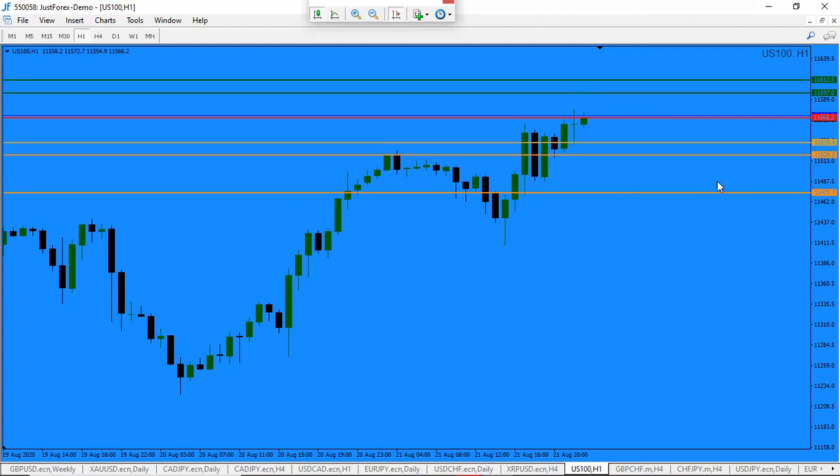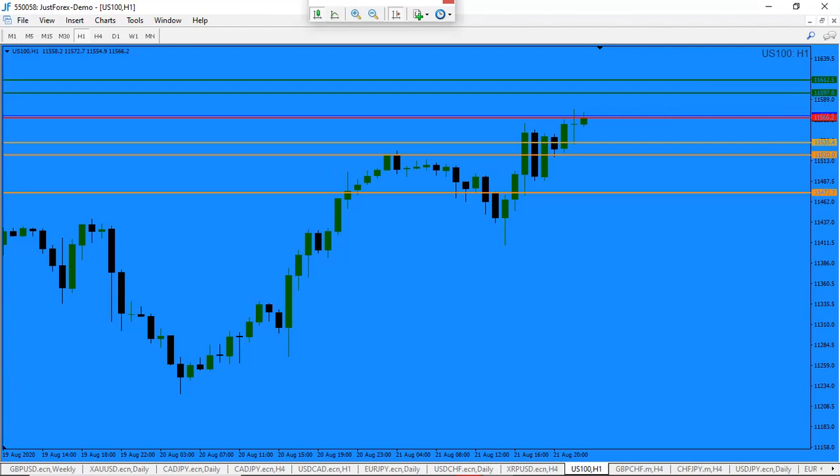Okay, so now if you see the market trades above 11,566.2, you have to go for a long position up to these two levels, where our first target is 11,597.0. Then our second target will be at 11,612.5.